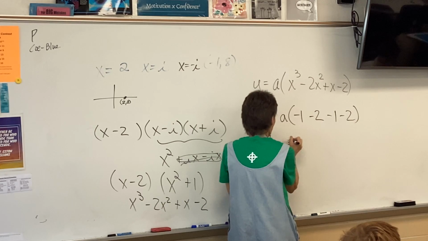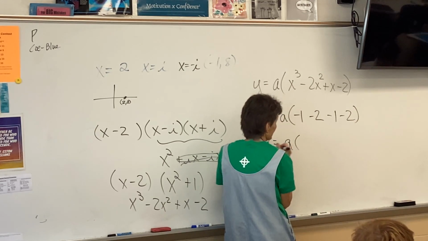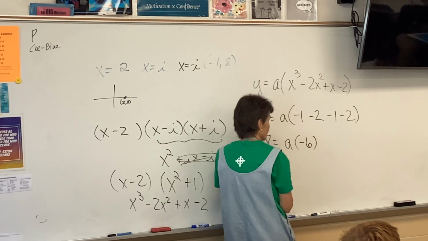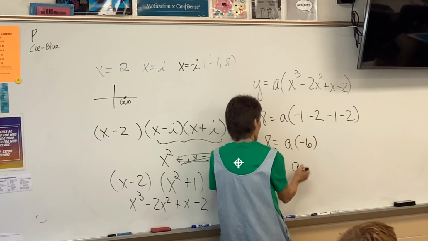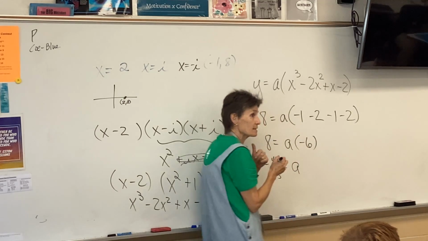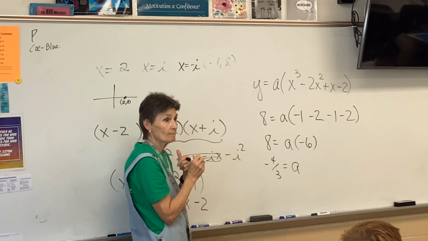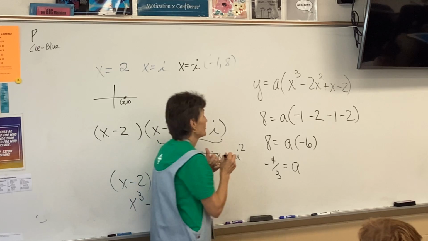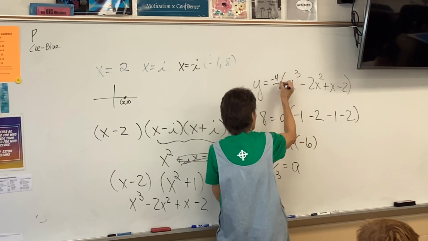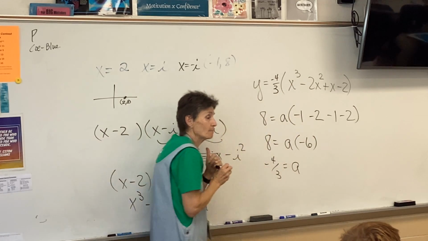So all of that works out to be negative 6. So a is negative 4/3, 8 over 6, 4 over 3. And this is the answer to the problem.